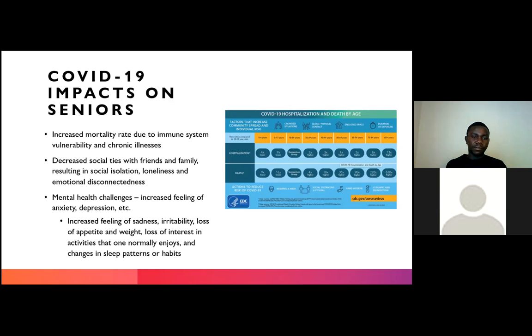With COVID-19, we saw decreased social ties between seniors, friends, and family because of those lockdown orders, which resulted in self-isolation, loneliness, and emotional disconnectedness. A lot of mental health challenges, which increased the feeling of anxiety and depression among our seniors.